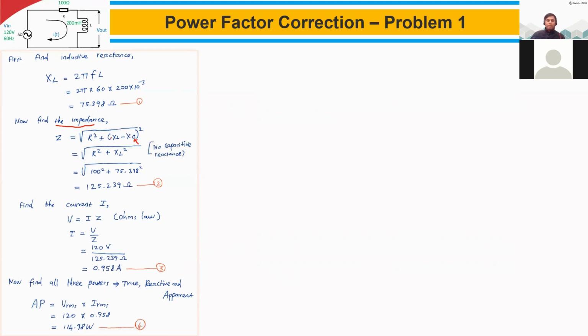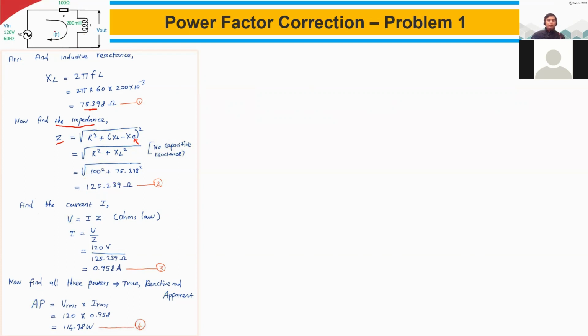So now it is R square plus XL square. You can rewrite the formula like this. We know the R value, and we know the XL value we have just found. You just make the calculation and identify the value of impedance. So now you know the total impedance of the circuit.